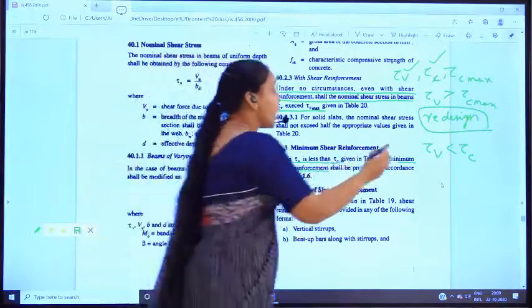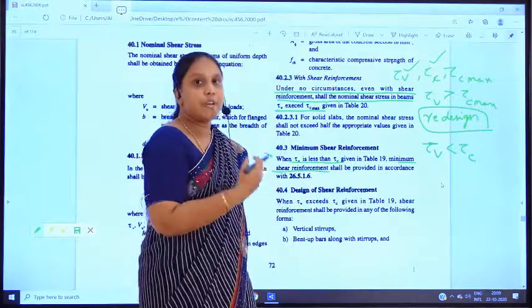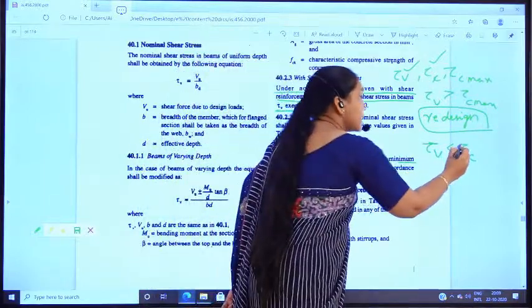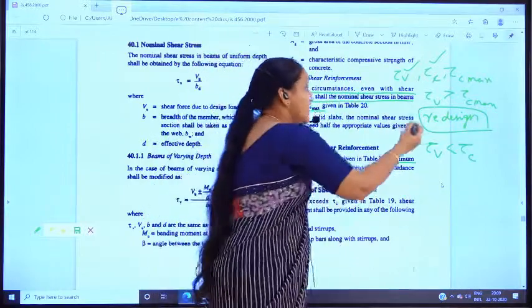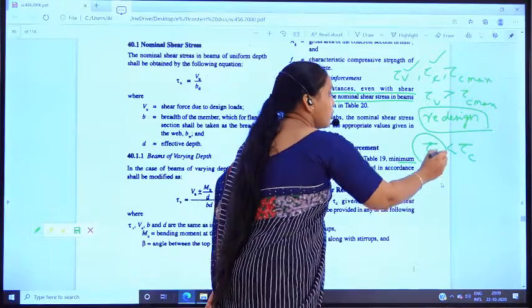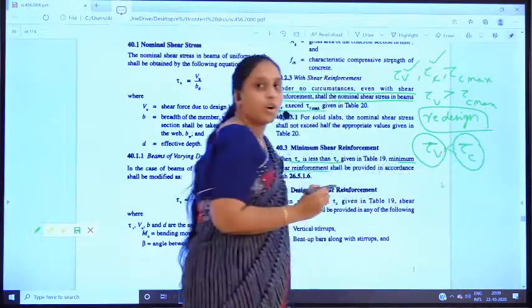Here, tau V is the shear stress developed due to the shear force, and tau C is the design shear strength of the concrete. So the stresses developed due to the shear force are less than the strength of the concrete, isn't it?